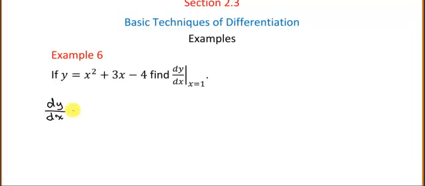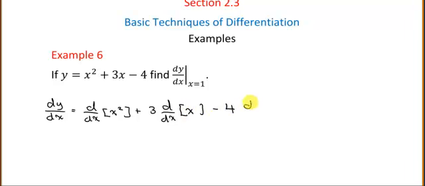Dy dx is equal to the derivative of y, which is the derivative of x squared plus 3x minus 4, and that's going to be, going term by term, the derivative of x squared plus 3 times the derivative, taking out the constant factor, of x to the first, minus 4 times the derivative with respect to x of x to the 0.